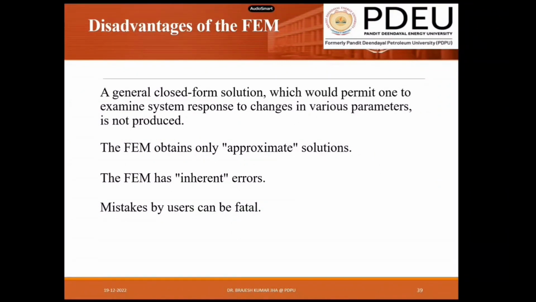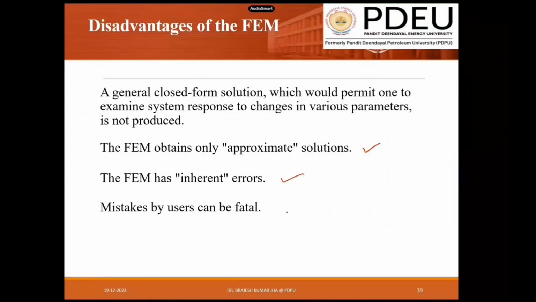But finally, what we see is that FEM always gives you an approximate solution. Sometimes the finite element method is also known as a semi-analytic method. It is more accurate than other methods, but you can get inherent error if information is missing, so some error can be generated.